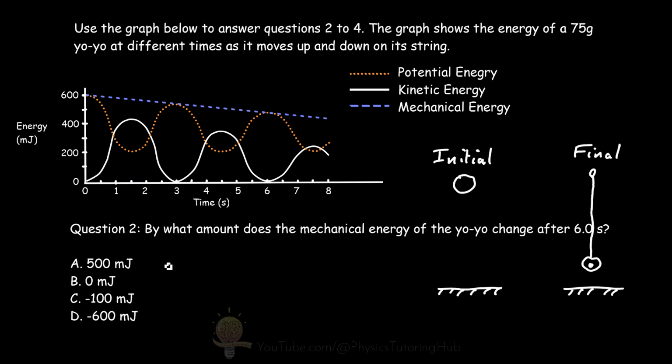So question 2 says, by what amount does the mechanical energy of the yo-yo change after 6 seconds? So this is the 6-second mark here, and we want to find the change in energy from 0 seconds to 6 seconds here.